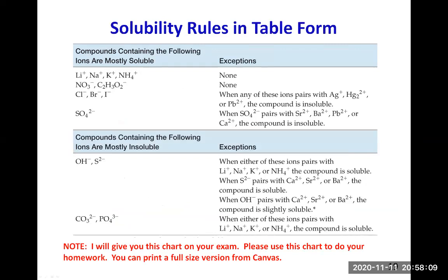If you read the exceptions, when either of these ions pairs with lithium, sodium, potassium, or ammonium, the compound is soluble. When S2- pairs with calcium, strontium, barium, the compound is soluble. And the rest is for the hydroxide ion. So it looks like copper is not an exception. So that means CuS will be an insoluble compound.